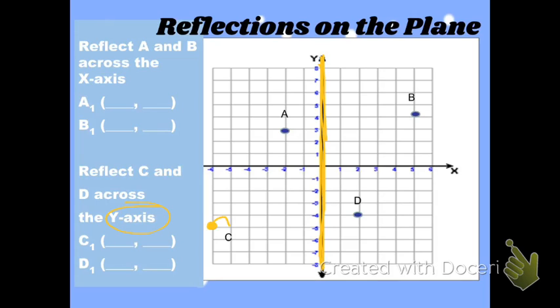So we are 1, 2, 3, 4, 5, 6. So we're going to go 6 in the other direction. 1, 2, 3, 4, 5, 6. Put your dot. What's the name of that point? C sub 1. Good. C sub 1.